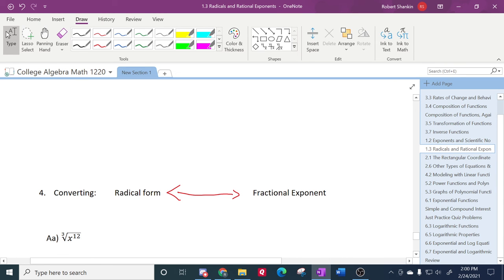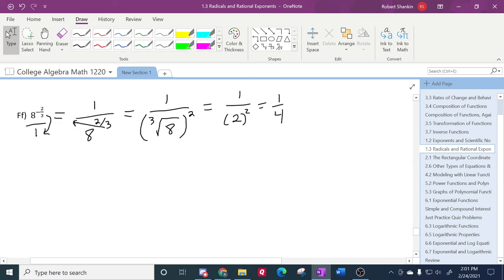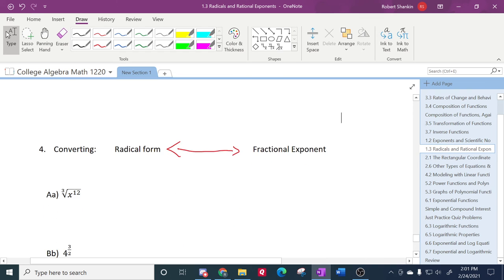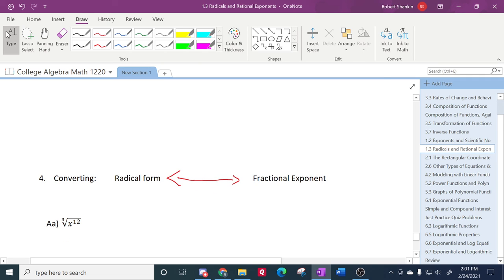Okay. We're going to be moving back and forth from radical form, which looks like this when there's a root sign, and fractional exponents. And that's exactly what we were doing over here. We had a fractional exponent and we changed it to a radical format. So we can go in either direction. So do A, change it to the other format.